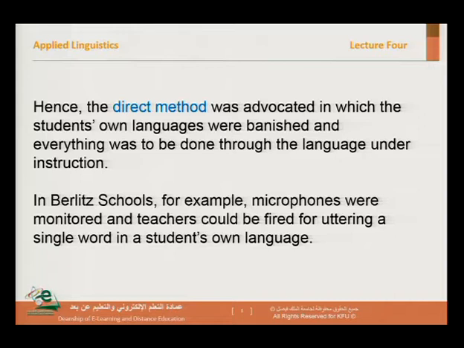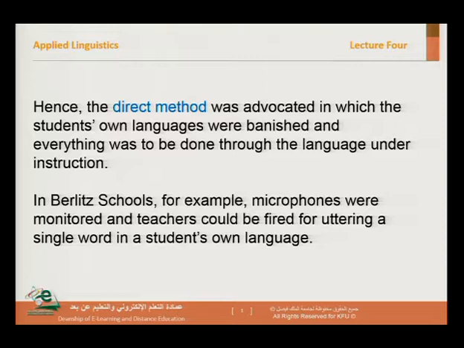In this method, which is the direct method, it was called direct because in order for a student, what do you want the students to do? They said we want them to speak in English. So go directly to that goal: let them speak in English.